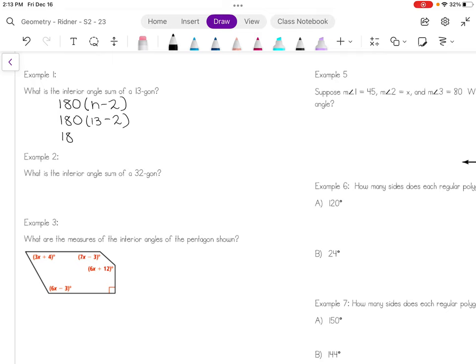If I subtract 2 from that, I get 11. If I multiply 11 times 180, I get 1,980 degrees. So if I made a polygon with 13 sides and I added up all the angles on the inside of those, interior, I would get 1,980 degrees after I added all those up.